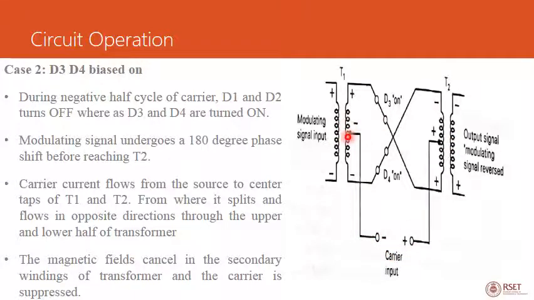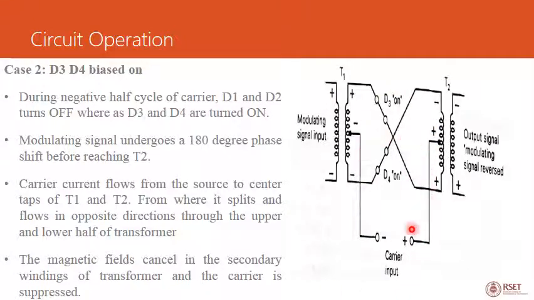At the center, the carrier signal gets split up, and the current flows in opposite directions through the upper and lower half of the transformer. Because of that, a magnetic field is induced in both the upper and lower half of the transformer with equal magnitude, so it gets cancelled. This is how the carrier is suppressed in the balanced ring modulator.